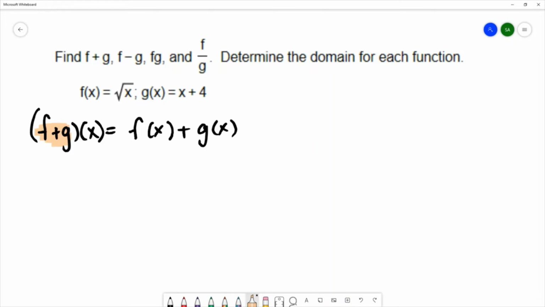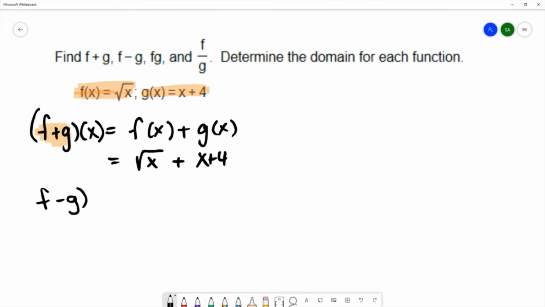And we have a function named g of x, and g of x is x plus 4. And we want to add those individual functions together. So f of x is square root x, g of x is x plus 4, and none of these are like terms, so we would leave it just like that as far as simplifying.